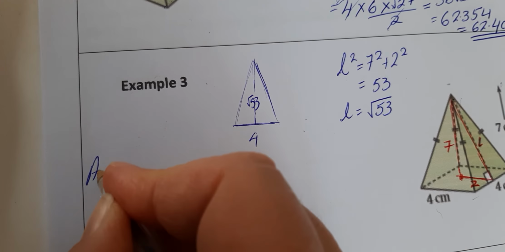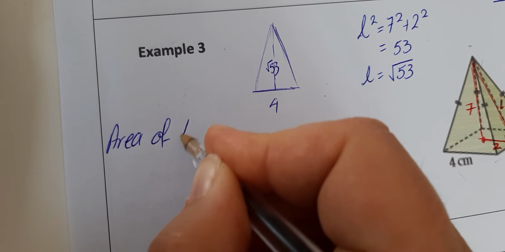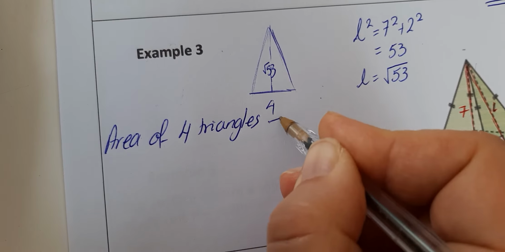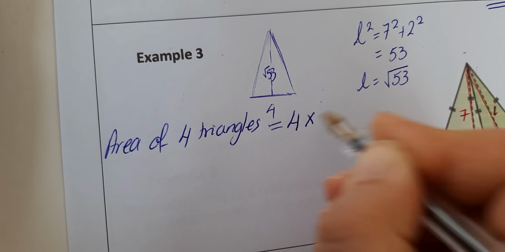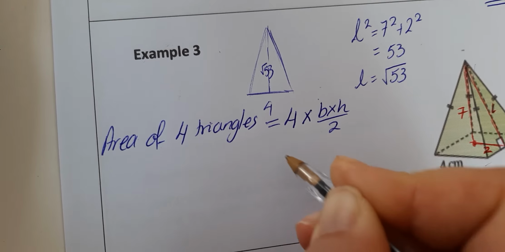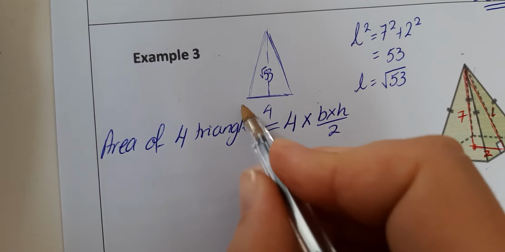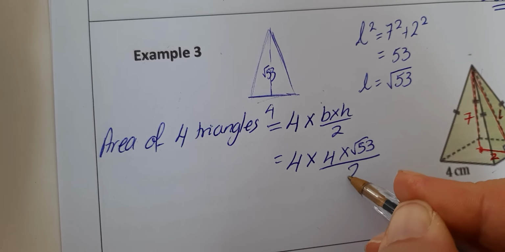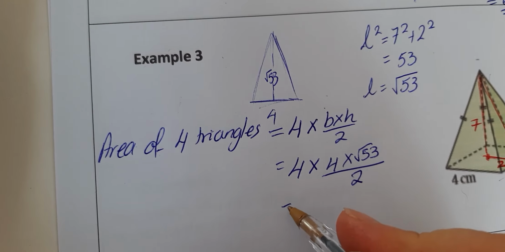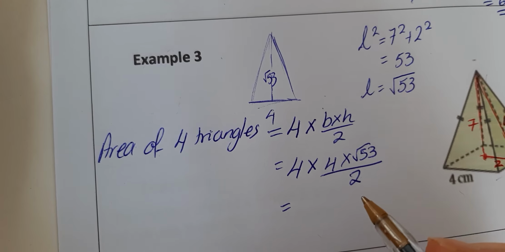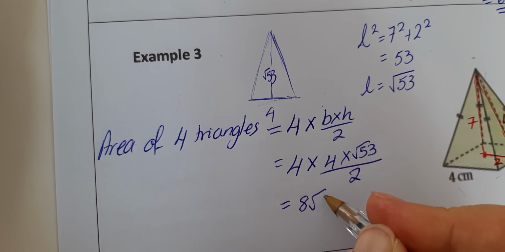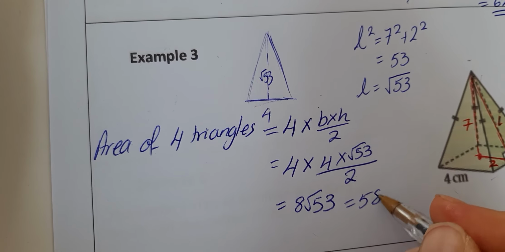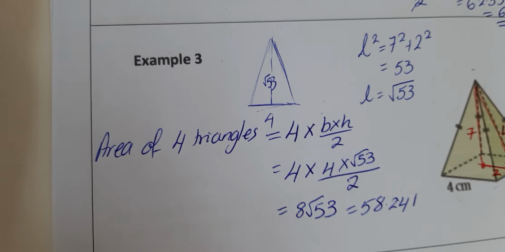So the area of the 4 triangular sides equals 4 times base times height over 2, which is 4 times the base is 4, and the height is square root of 53, over 2, which will be 8 square root of 53. That's my accurate answer. If I put that in my calculator and I really wanted a decimal answer, it would be this.